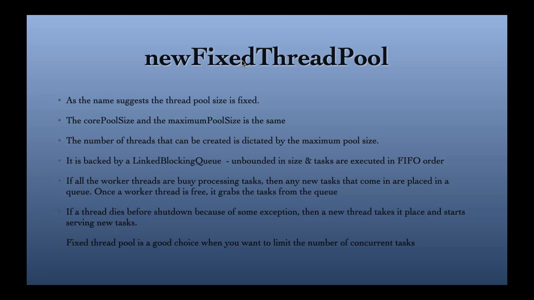You can come up with this by doing some performance testing and stress testing, etc. Once you know the limitations of your system, then you can define your thread pool accordingly. So that is when a fixed thread pool would be advantageous. I hope you understand some of the basics of a new fixed thread pool. Now let's dive in and write some simple code to understand how it works.